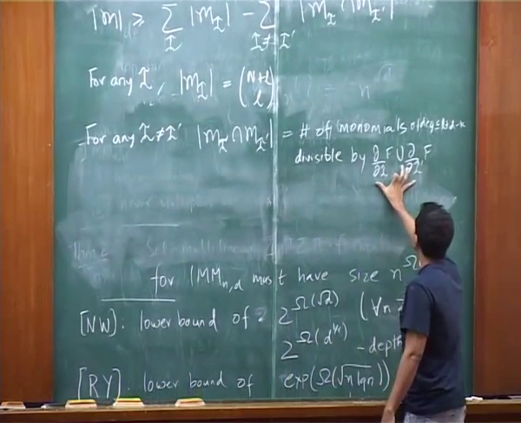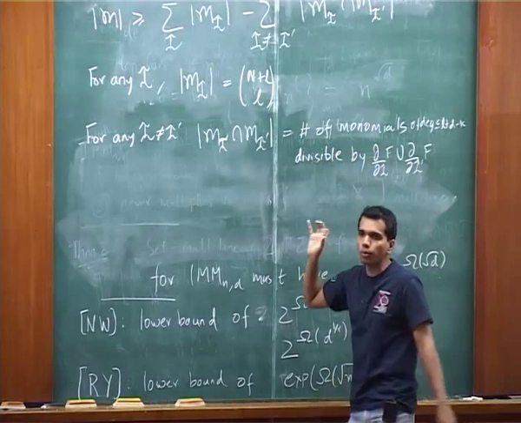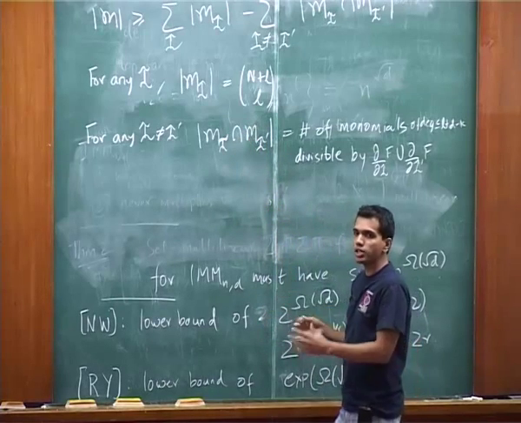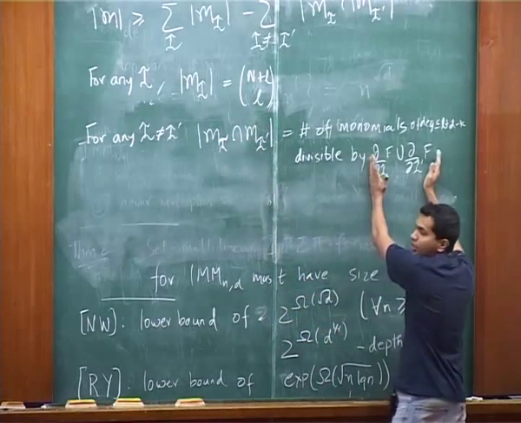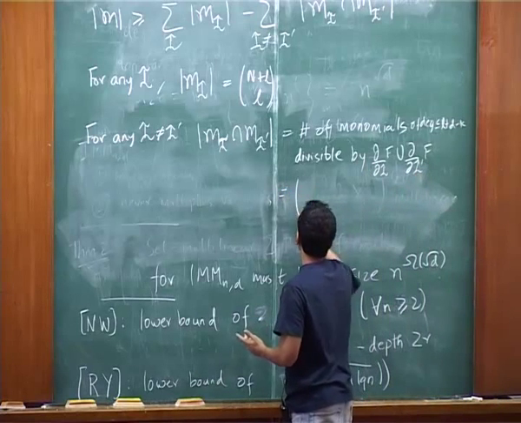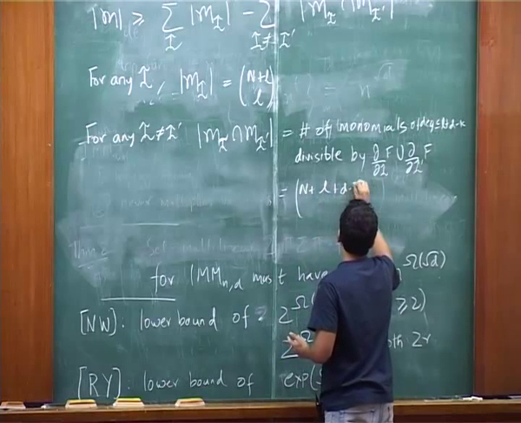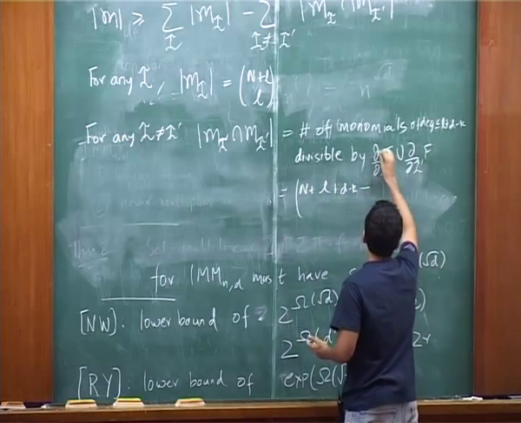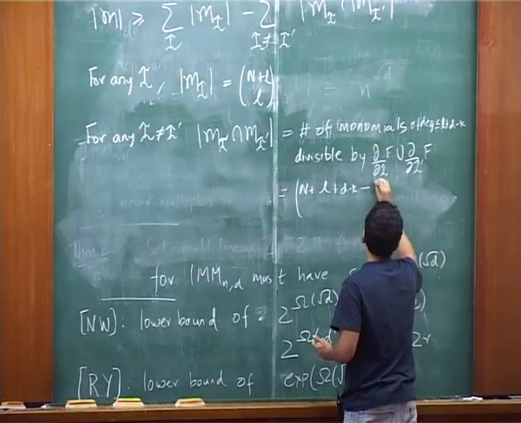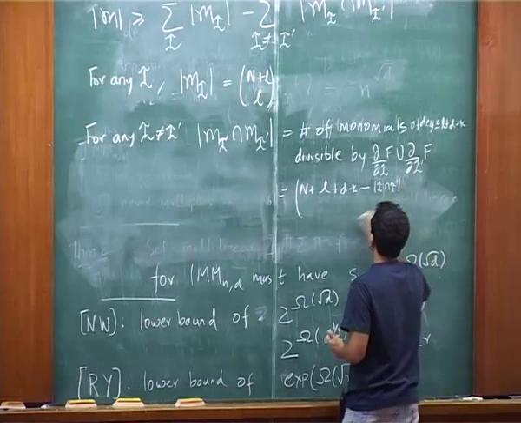So this is just the number of monomials that contain a given monomial. Again, it's a binomial expression of the above form, but governed by the size of this set. So this is just n plus L plus D minus K minus the size of this, whatever that is.